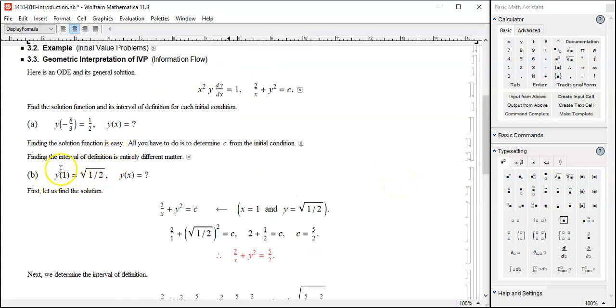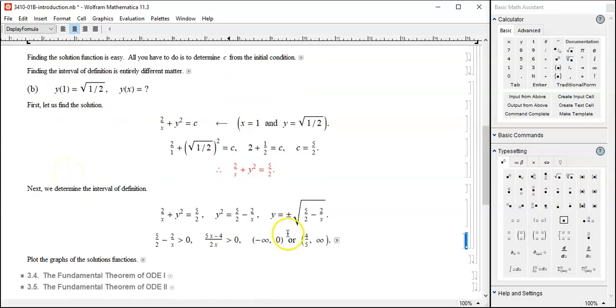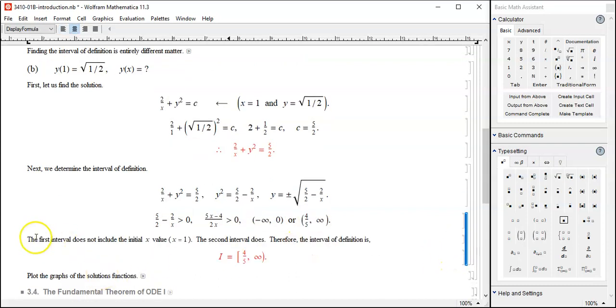Where is this initial condition coming from? X is equal to 1 and y equals square root of 1/2. So x has to be 1. X equals 1 belongs to this one, not the other one. So the first interval does not include the initial value, therefore the second one. So this is the interval of definition.